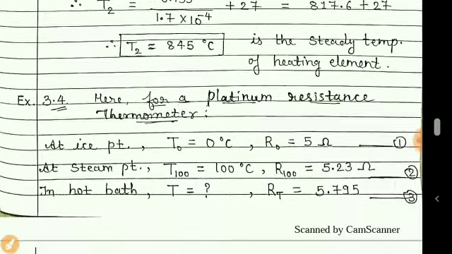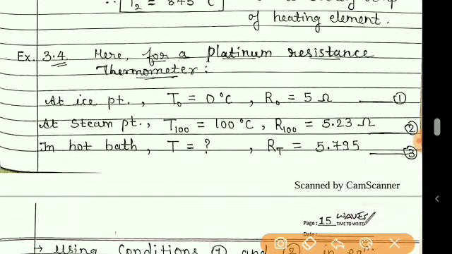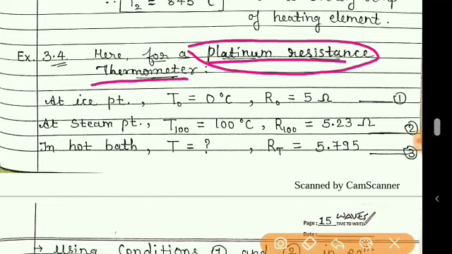Now next is about a platinum resistance thermometer. This type of thermometer is used in industries because in industries large temperatures are to be measured.